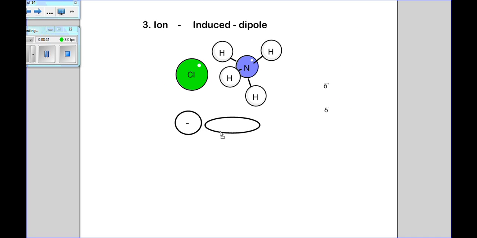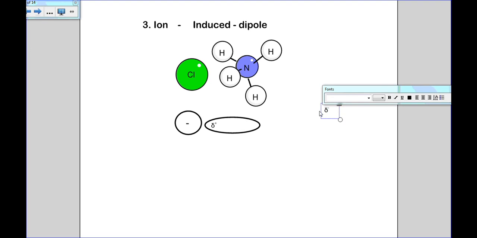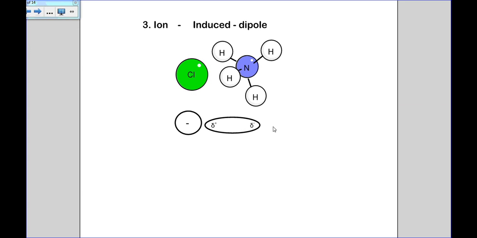But because of the collisions, an induced dipole is formed, where we get a slightly positive side that is attracted to the ion and a slightly negative side that is repelled away from the ion. So we force the non-polar molecule to become slightly polar, so that there is some type of attraction between the ions in the solution and the non-polar molecule, which has become an induced dipole for a short while.